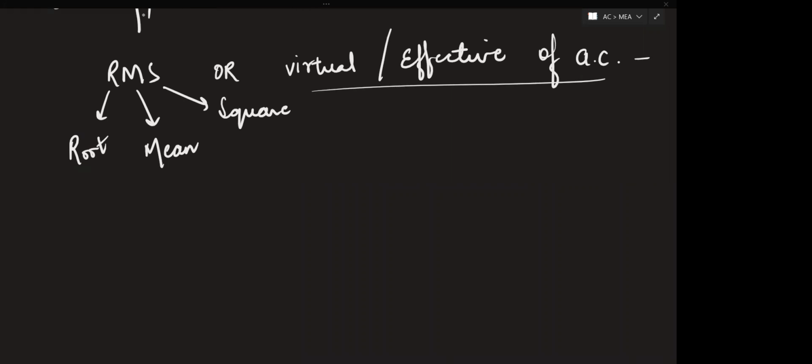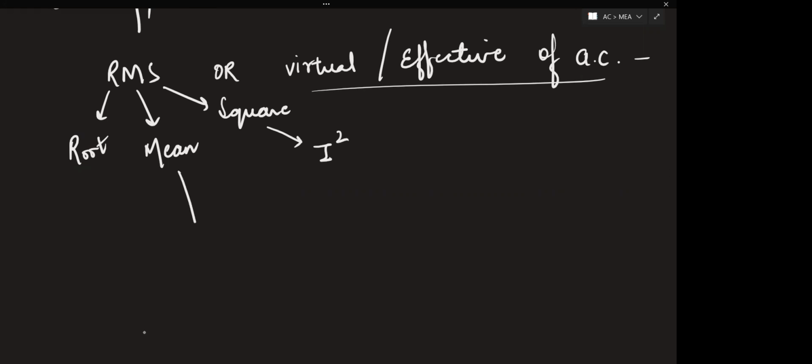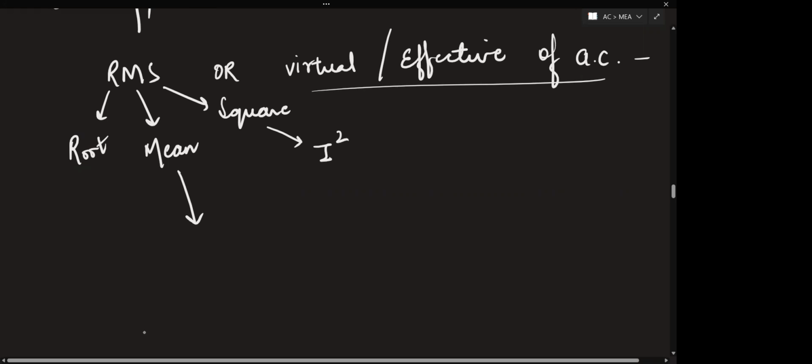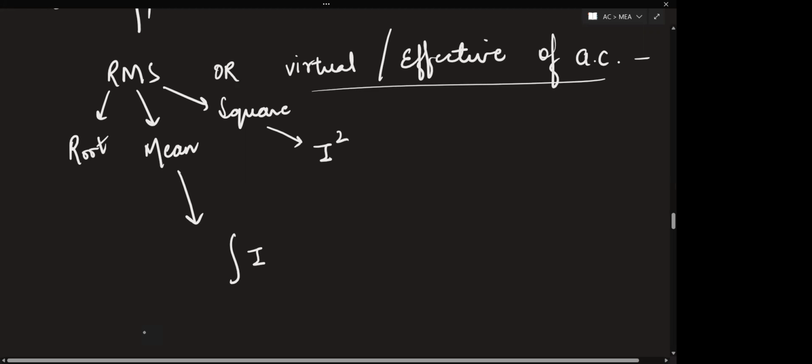Square, you people know how to calculate the normal square value. If I is the current, then the square will be I square. Now, one thing, class, how to calculate the mean value. This is very important. Mean value can be calculated for EMF or current, whatever quantity is given.